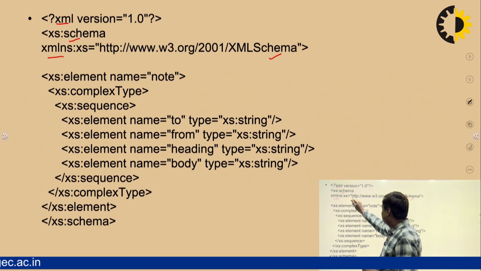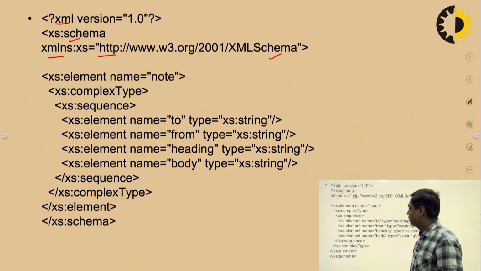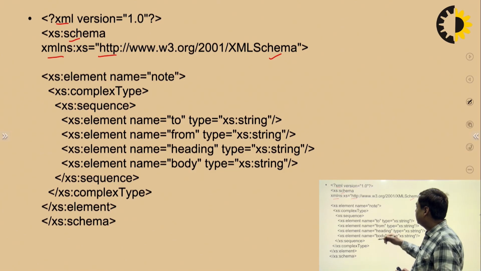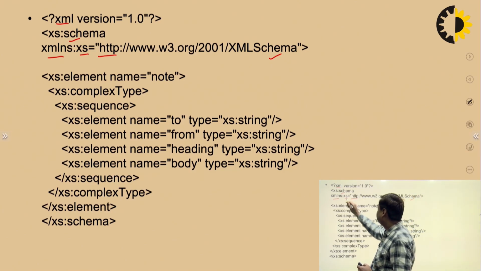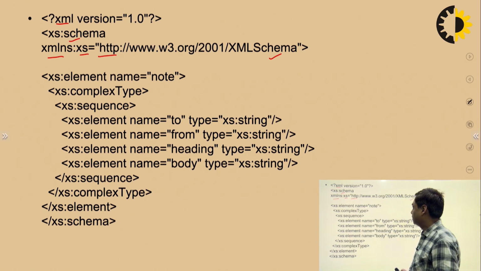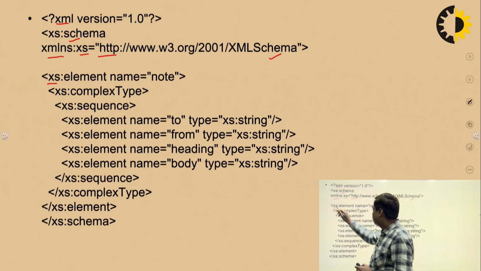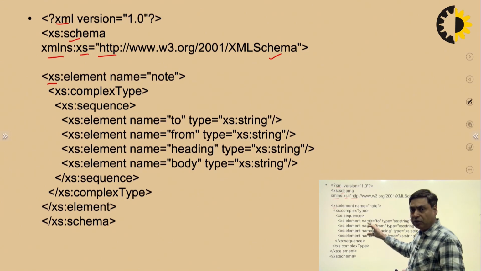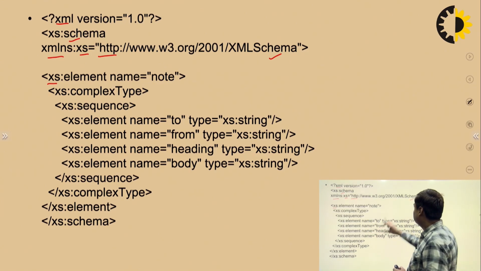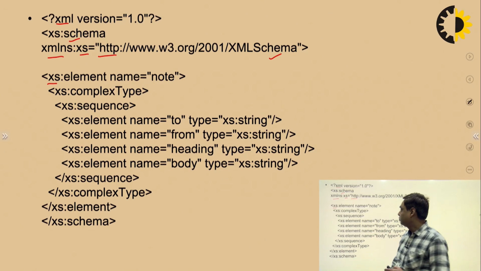To refer to elements and content from this namespace, we have given a name for this namespace: xs. In the further programming of this file, we will use xs to denote that whatever content we are going to use is referring to this namespace.